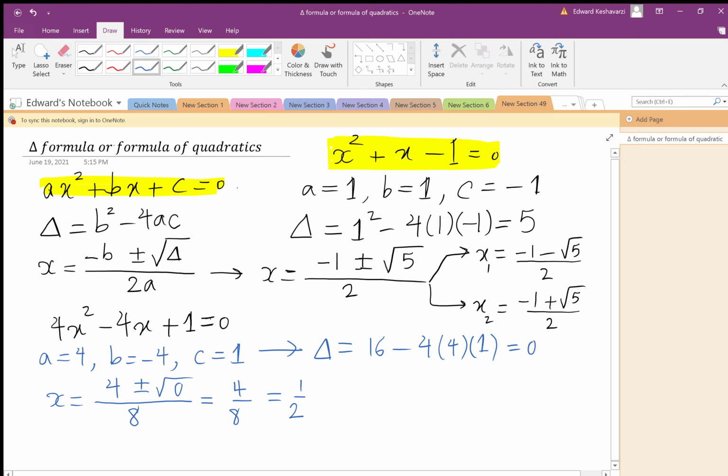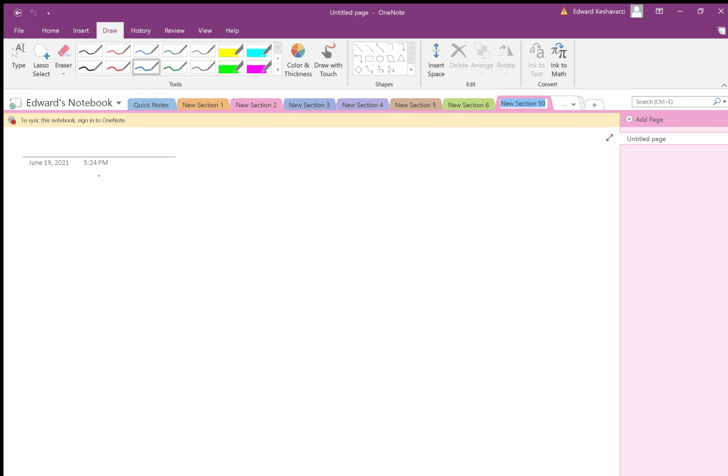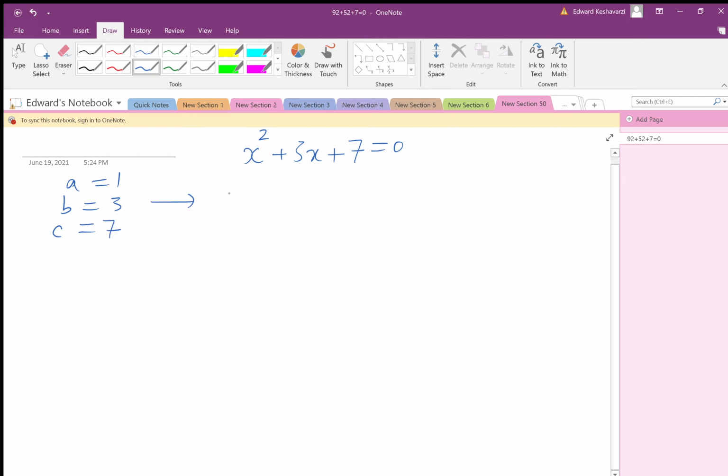The third example is x squared plus 3x plus 7 equals 0. So a equals 1, b equals 3, c equals 7. Therefore, delta is going to be b squared, which is 9, minus 4 times a times c. So it's 9 minus 28. Obviously, it's a negative number, right?